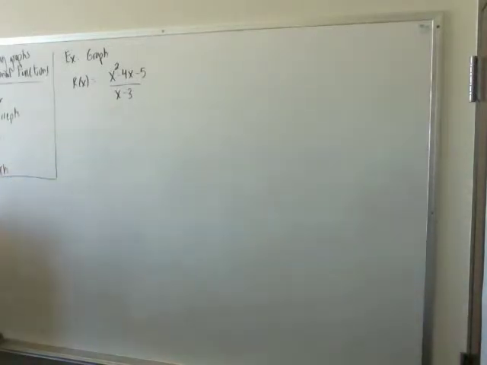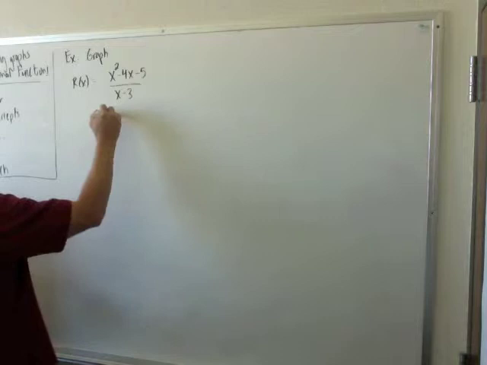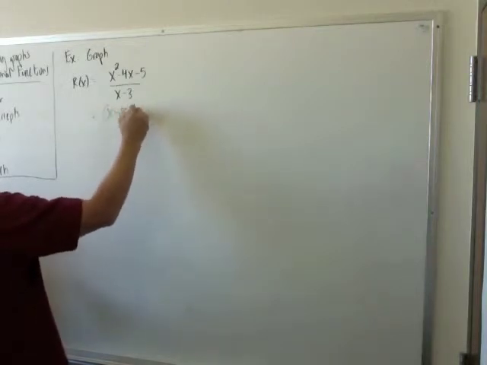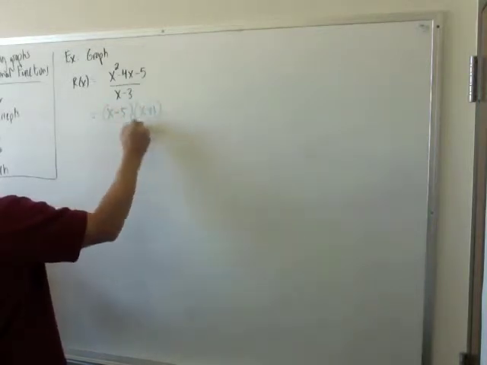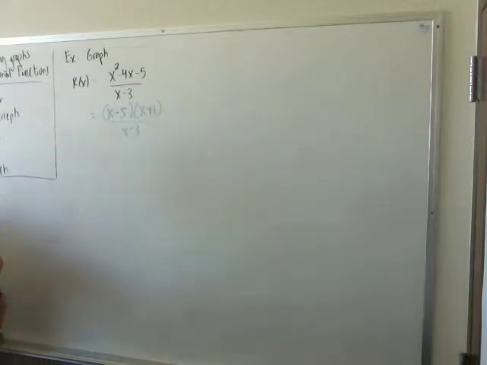Same type of idea. First off, we talk about our x-intercepts and our y-intercepts. First factor, I get x minus 5, x plus 1 divided by x minus 3. So my x-intercepts happen when the numerator equals 0. When does x minus 5 times x plus 1 equal 0?